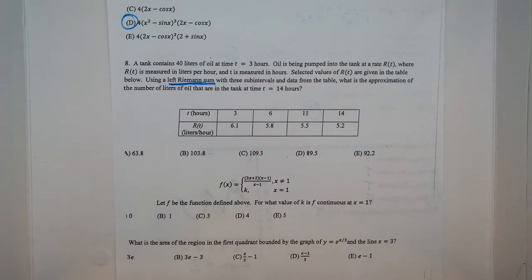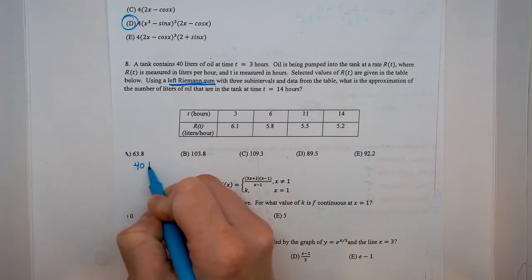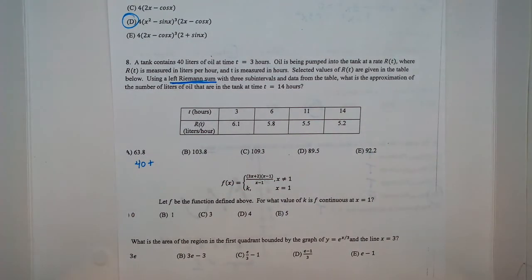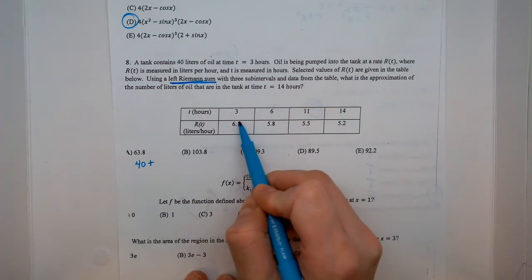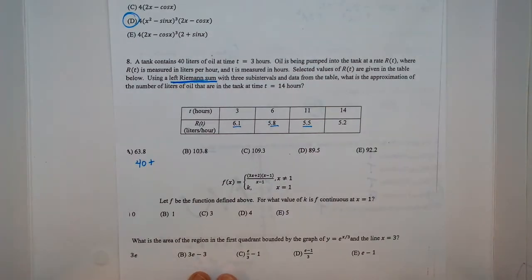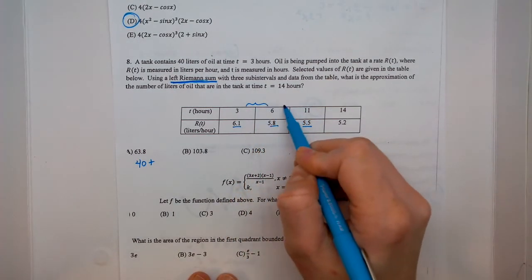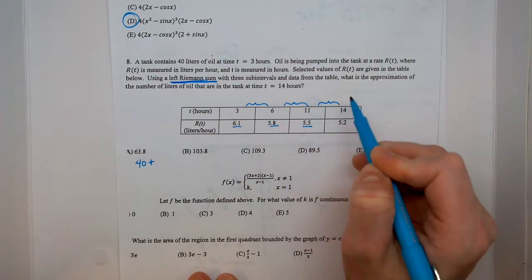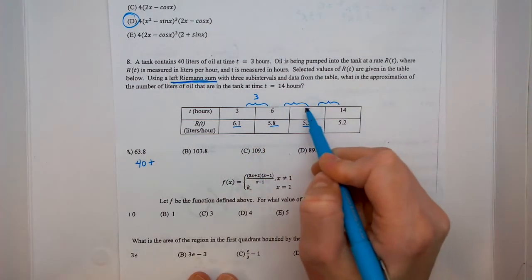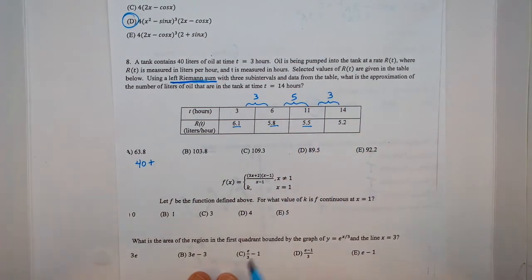So what we're going to need to do here is begin with 40, the original amount, and add that to 3 areas of 3 rectangles. We're going to use the leftmost y value since we're finding a left Riemann sum. And then the width of the rectangles will be the difference between each x. So 6 minus 3 is 3, 11 minus 6 gives me 5, 14 minus 11 gives me 3.